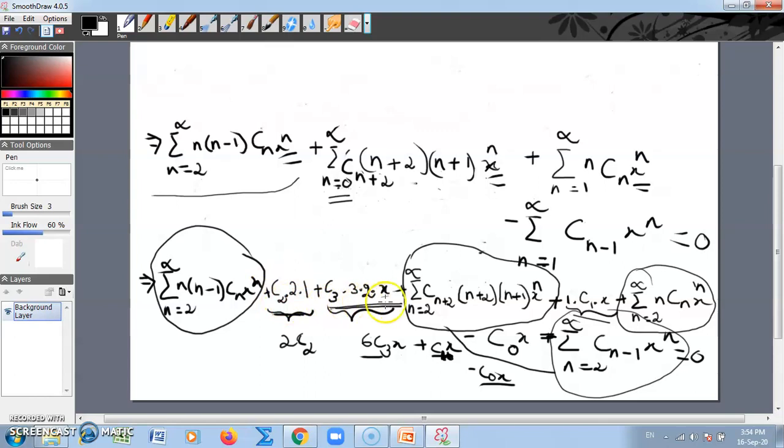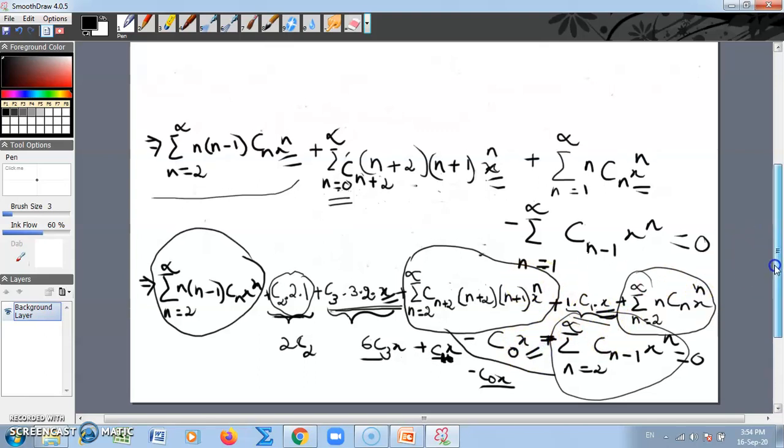So we have collected all the others here. Of the others, this is without any x, this is with an x, this one with an x, and this one with an x.